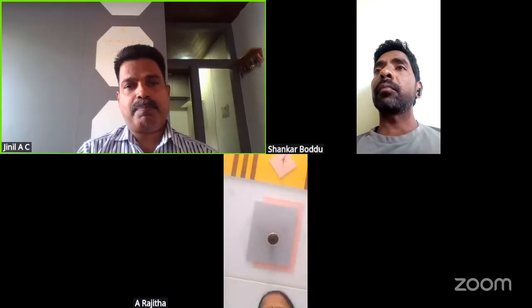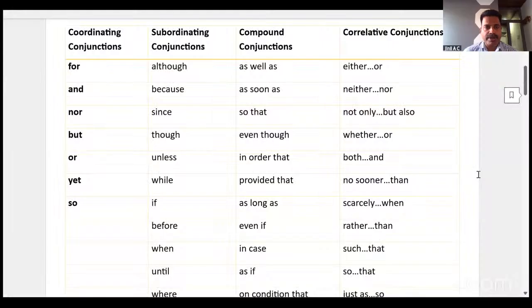I'm just telling you there are four kinds of conjunctions. Now let us have a look at them. So we will just see them and we'll understand it better. So I have shared here, you can see coordinating conjunctions, subordinating conjunctions, compound conjunctions, and correlative conjunctions.